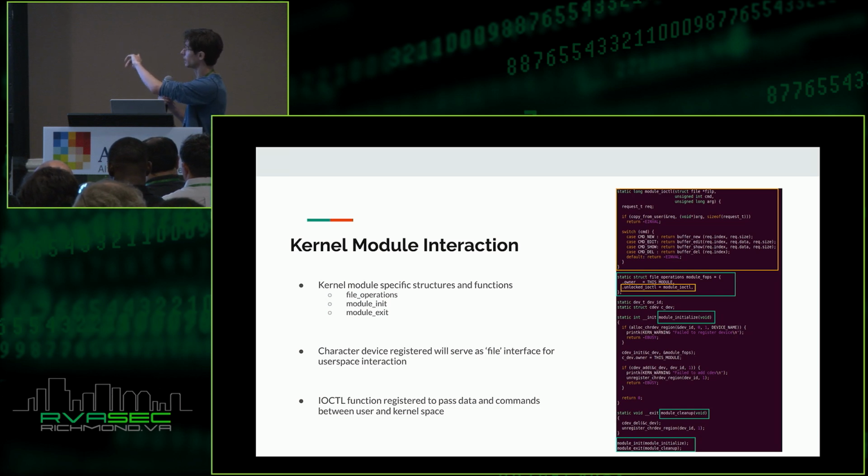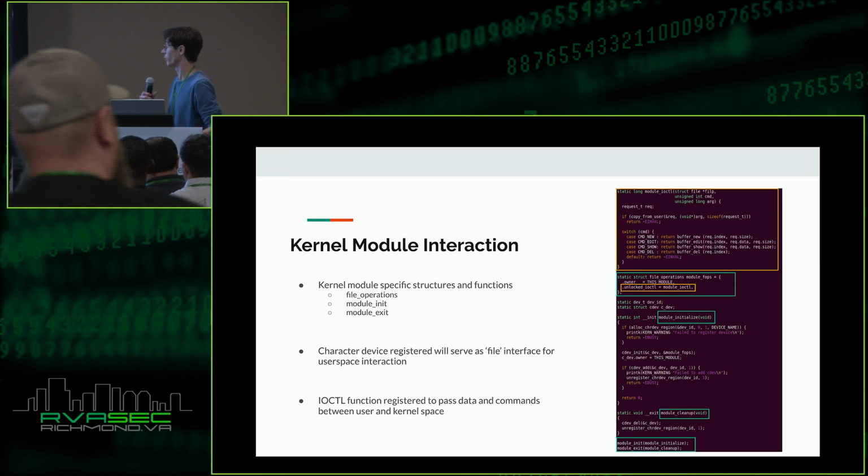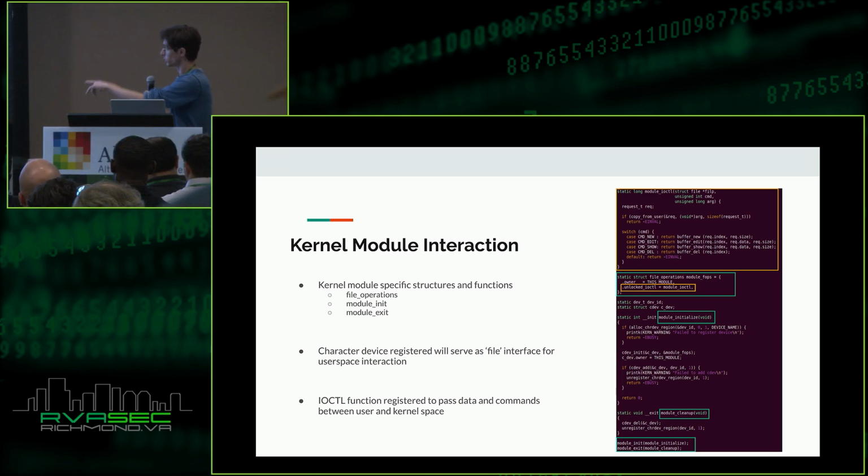Anything highlighted in the green boxes is going to be module-specific functions or structures. So we've got things like module_init and module_exit at the end of the code, that will initialize your module and initialize an exit function for your module as well. And then we've got the file operations up there.